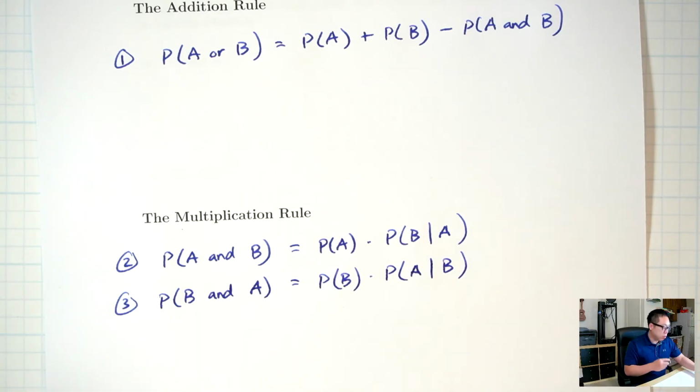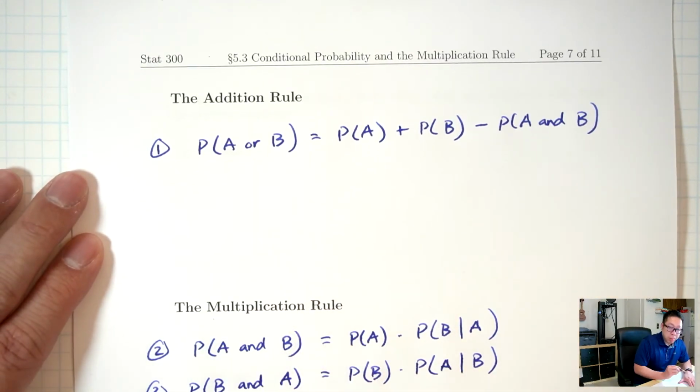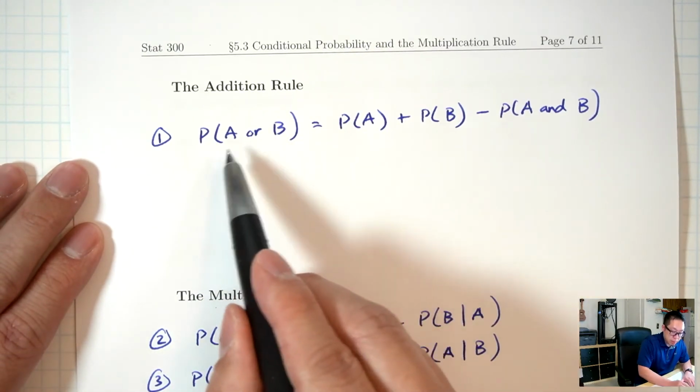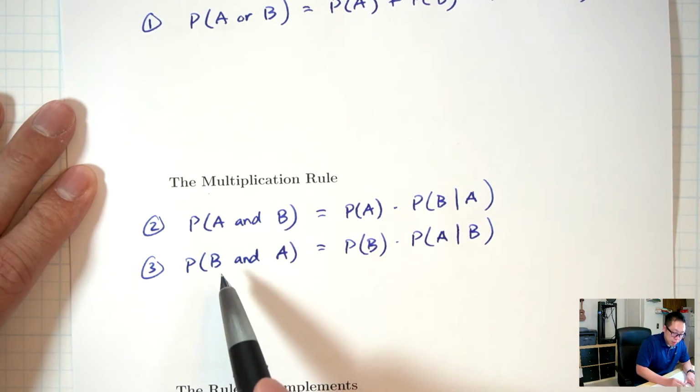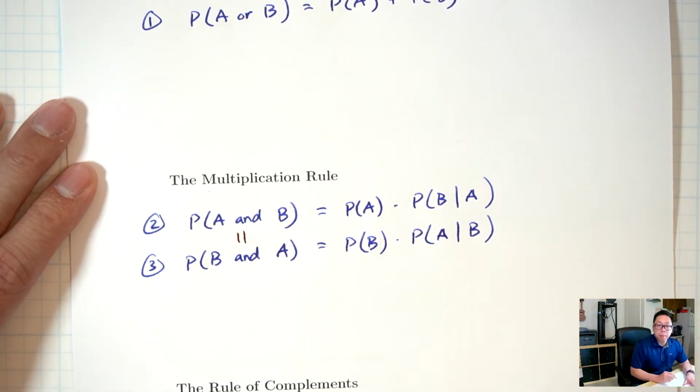So this is going to be useful because for ORs and ANDs, the order doesn't matter, right? So A or B is the same thing as B or A. A and B is the same thing as B and A. So the left side here is the same, okay?